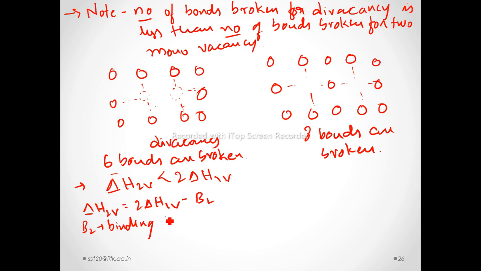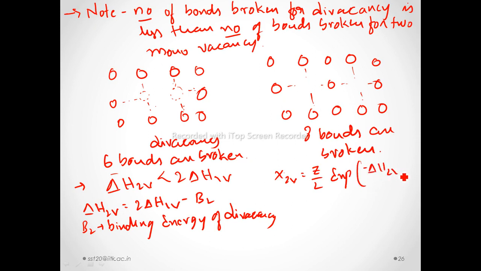Then from the previous slide we know the value for H2V equal to Z by 2 exponential of minus delta H2 divided by KT. So we know the value for this equation.